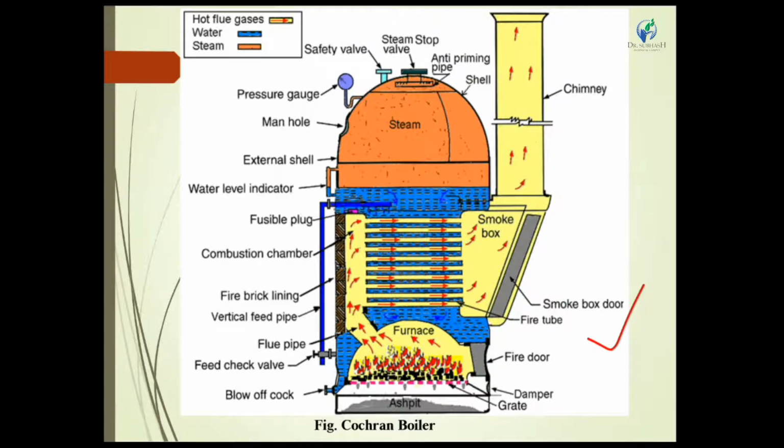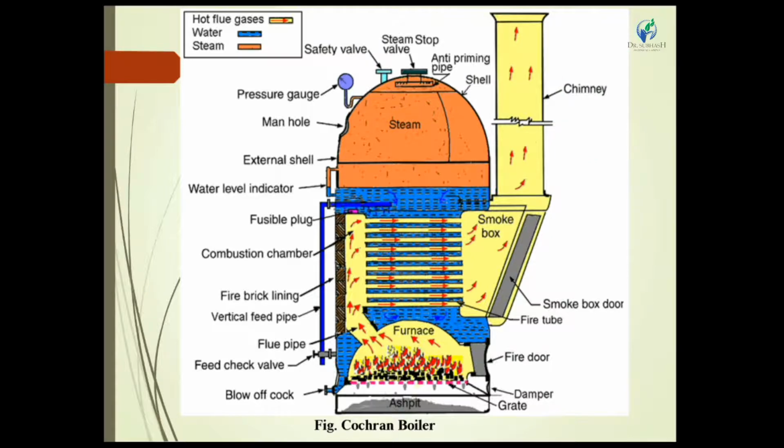Smoke box: the fire tubes reject the smoke and ash into the smoke box. Here a partition is available. It is a type of filter which collects all the carbon or unburned carbon from the smoke. Next is the chimney, which releases the flue gases out to the atmosphere.